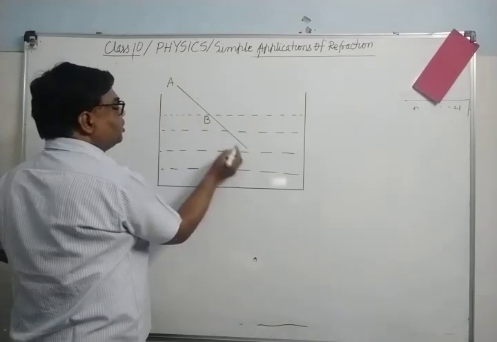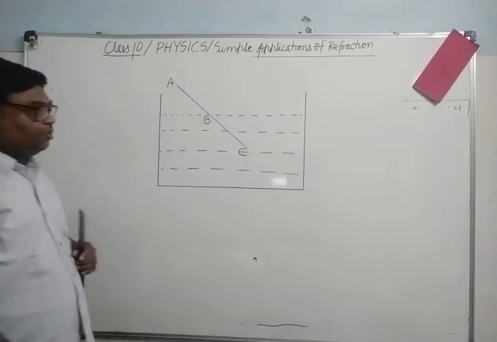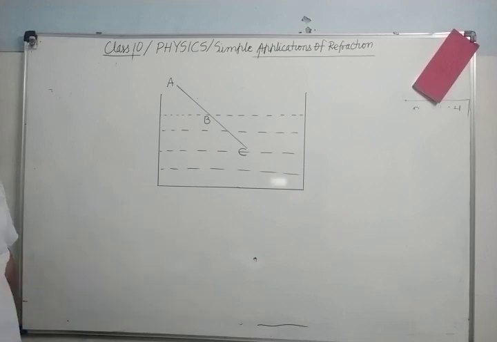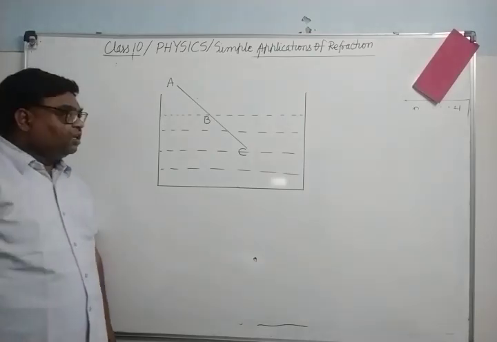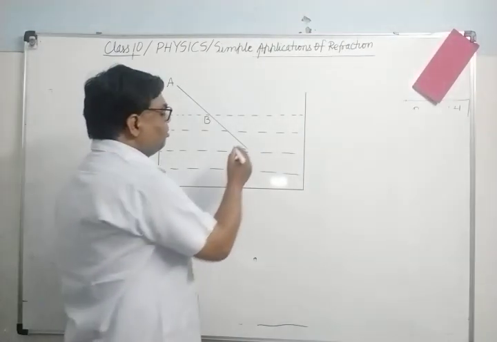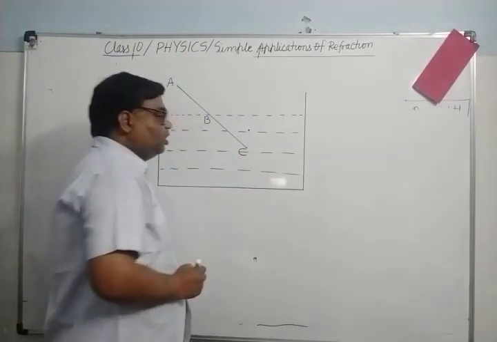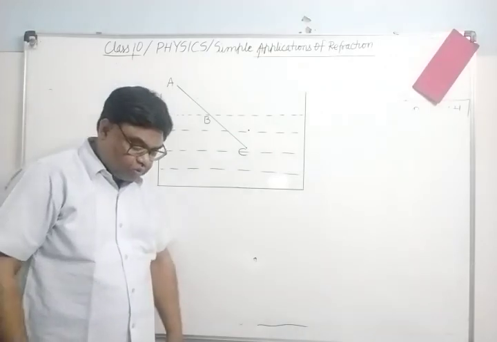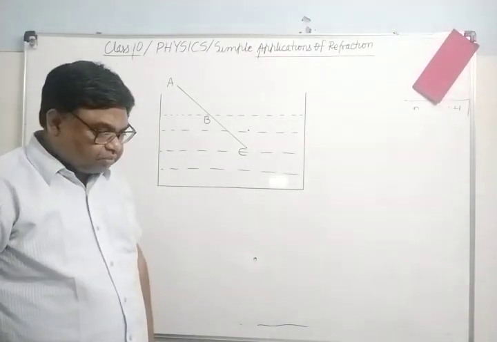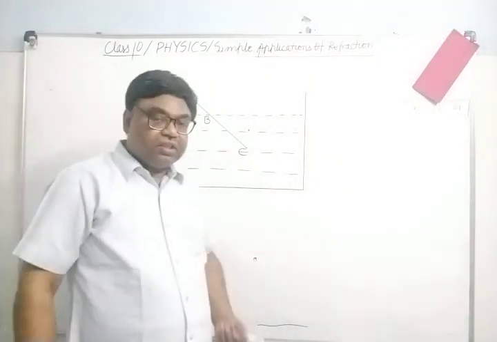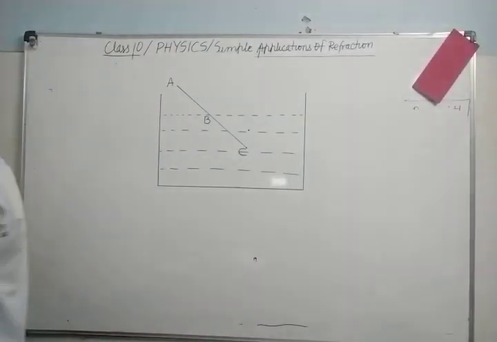Here portion BC is under water. So here what will happen? The image of C will form where? It will form just above the C. When the object is immersed here, its image will form above the C.